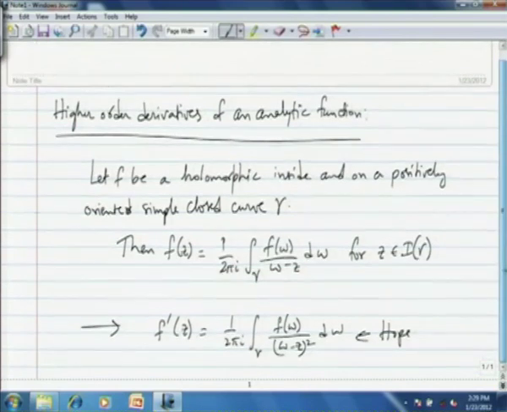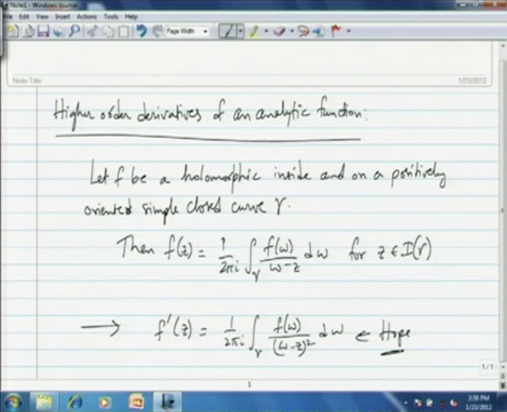So, what I will do here is I will follow the textbook Priestley, and first I will try to justify this Cauchy's integral formula for f prime, which we wrote as a hope here.